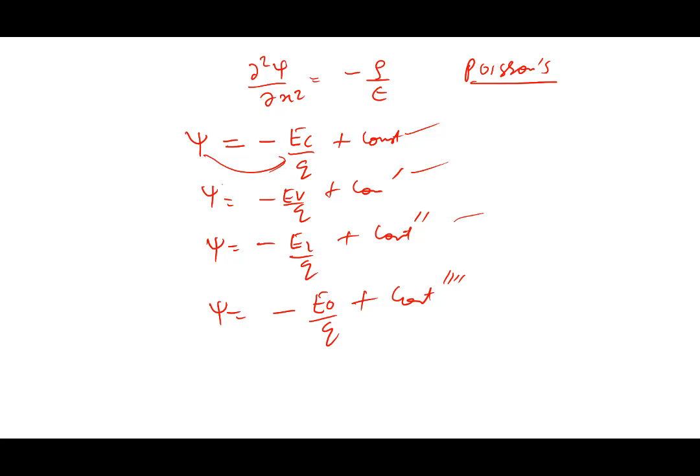If you want to know how psi varies as a function of x, effectively what you're trying to find out is how EC varies as a function of x. It's the same thing. How does the conduction band vary as a function of x? How does the valence band vary as a function of x? So in a way, when you are solving Poisson's equation, what you're trying to get is the energy band diagram.